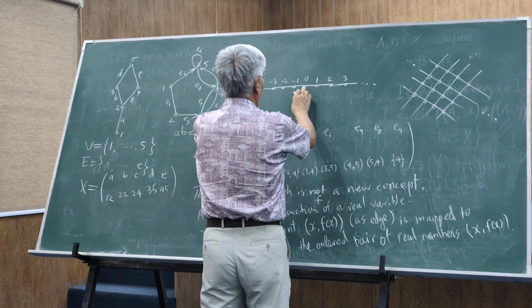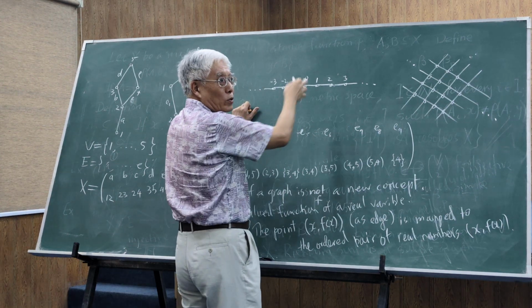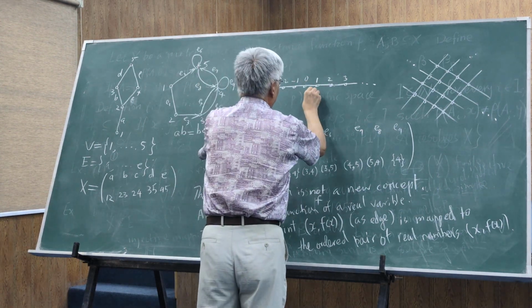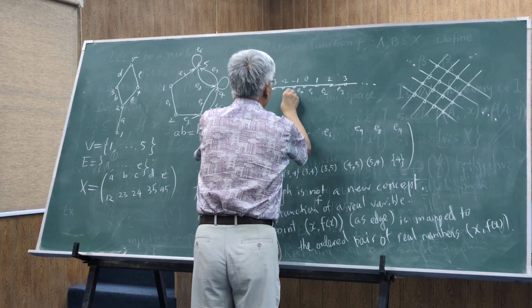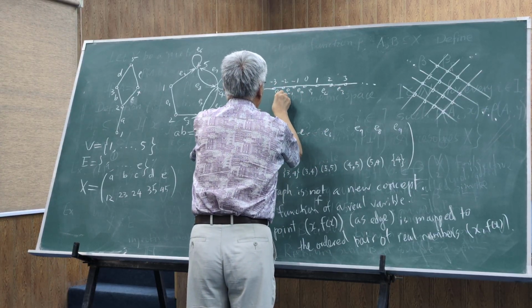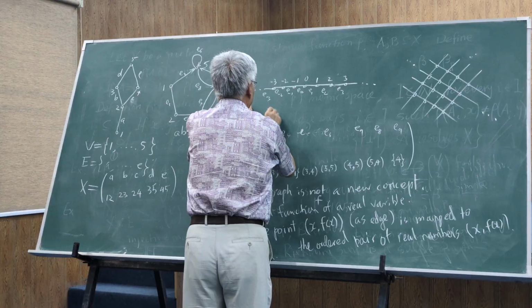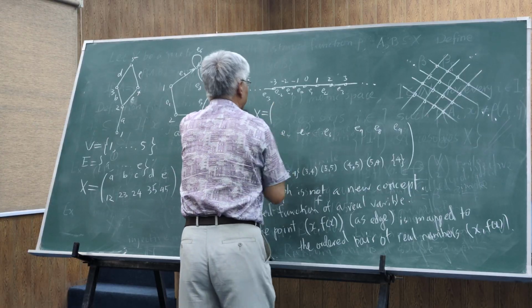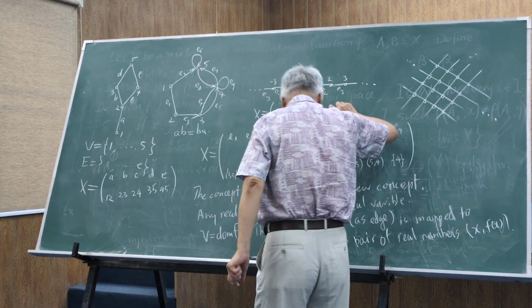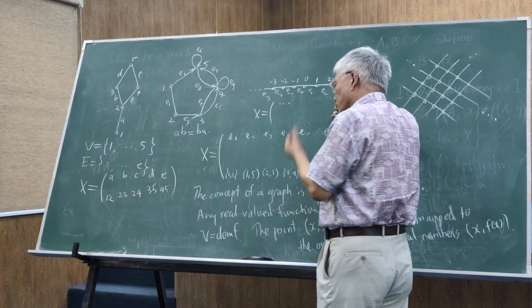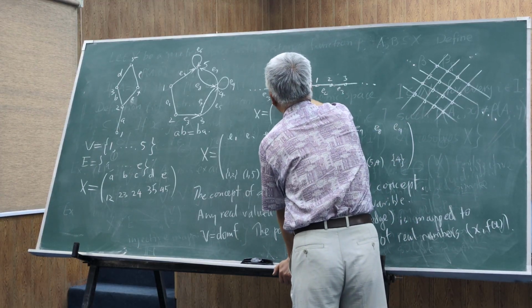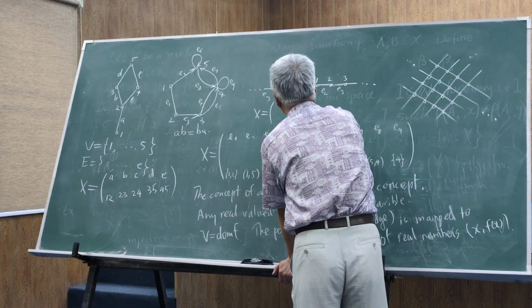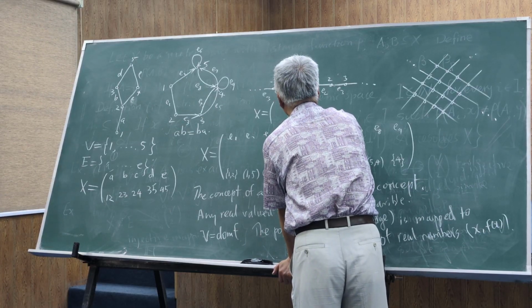And how about this one? Let us label each edge. So this one is E1, this one is E2, this one is E3, this one is E0, this one is E-1, this one is E-2, this one is E-3. So the edge set is dot dot dot. This is a countable set, so we can list it. E3 is mapped to the set {3, 4}. E-3 is mapped to {-4, -3}.